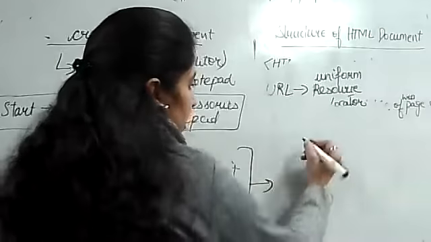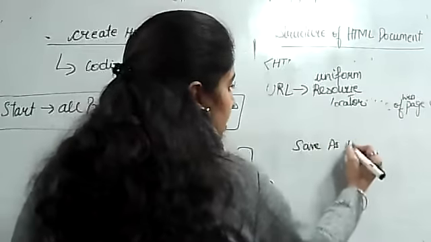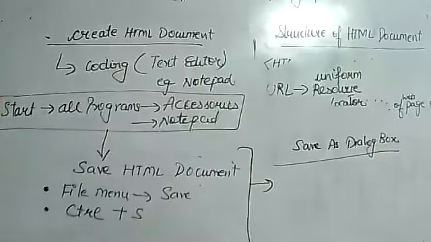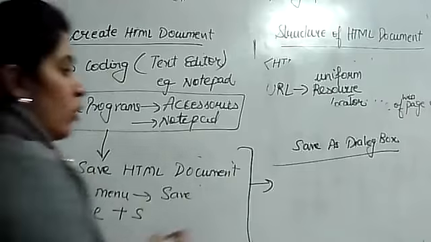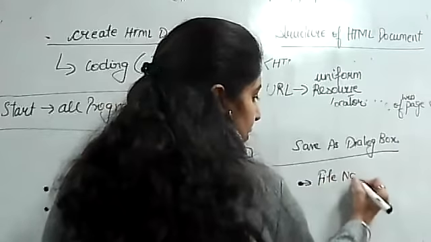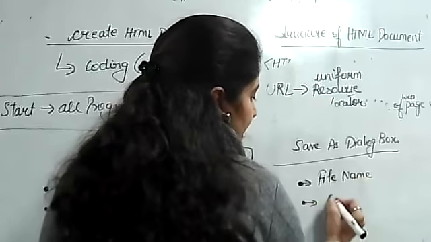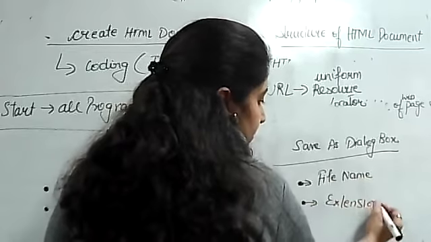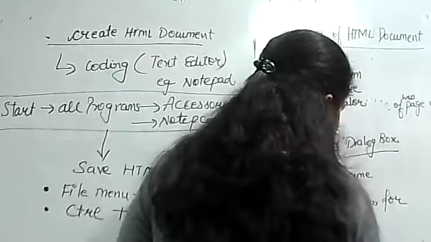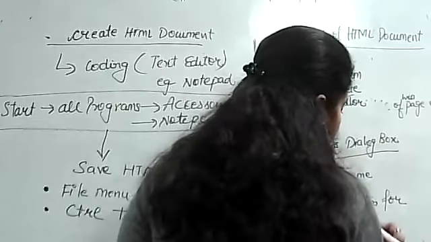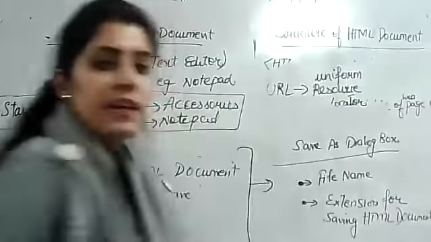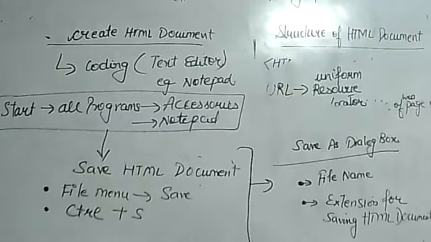After that, save as dialog box will appear. Save as dialog box appear होगा. Now in the save as dialog box, firstly you have to specify the file name of a document and then the extension.